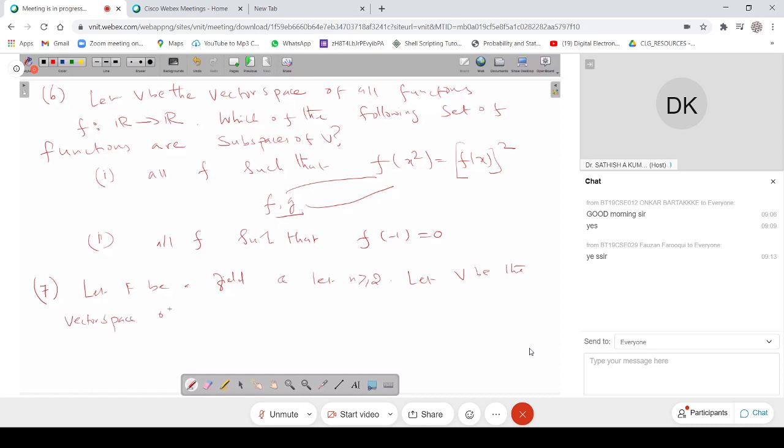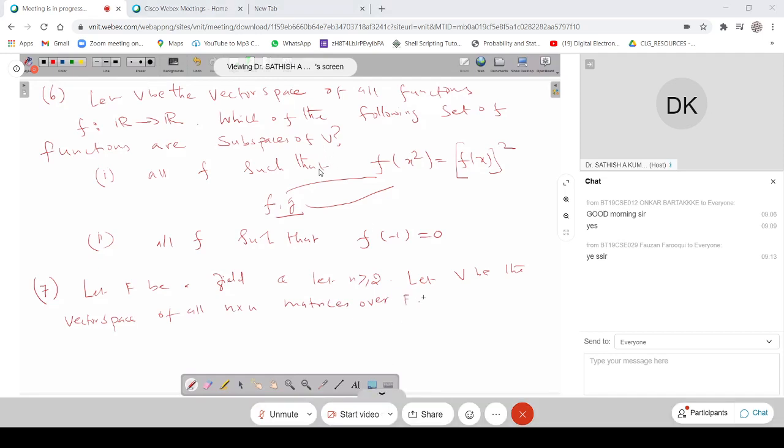Let V be the vector space of all n by n matrices over F.